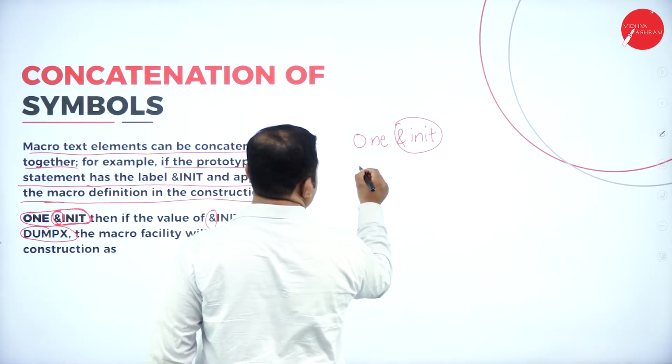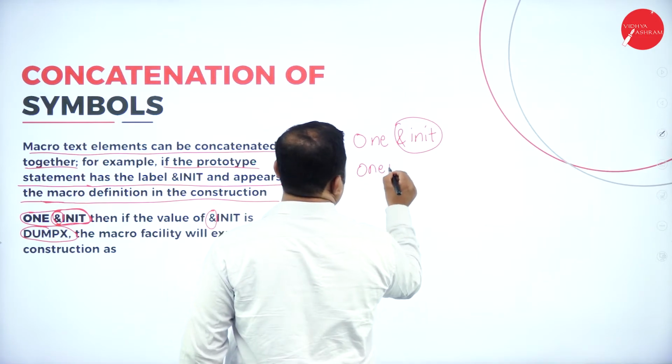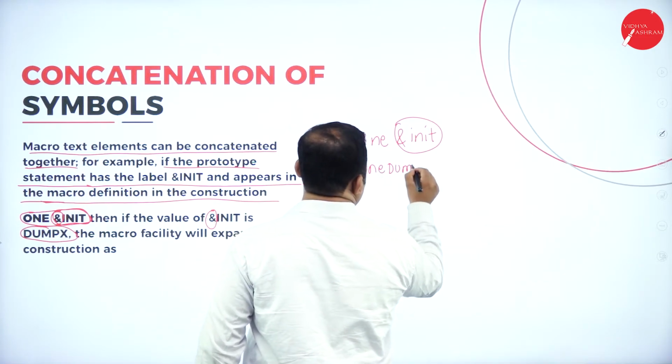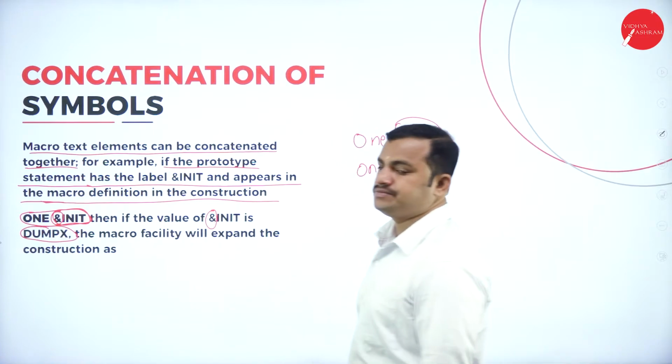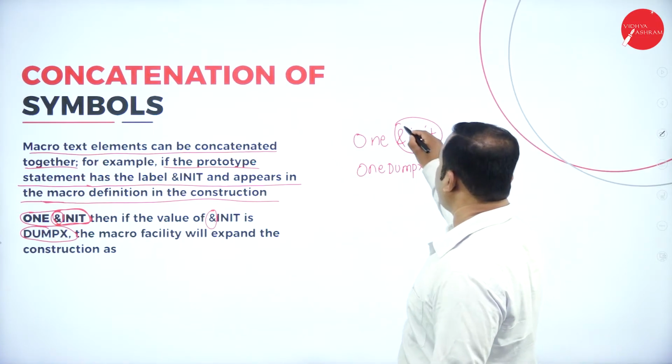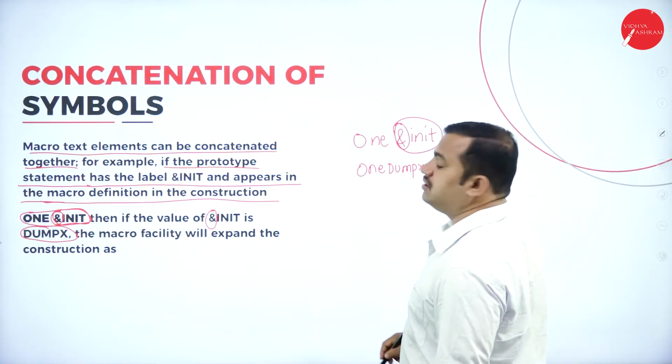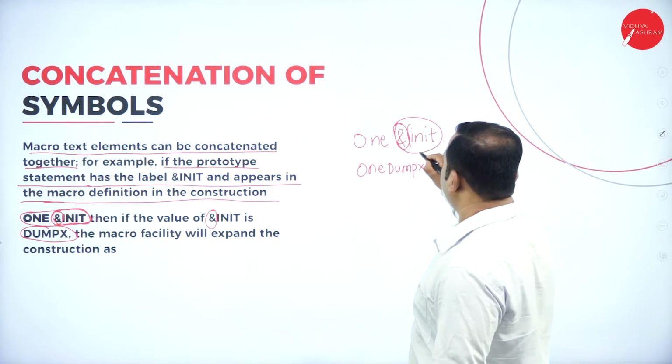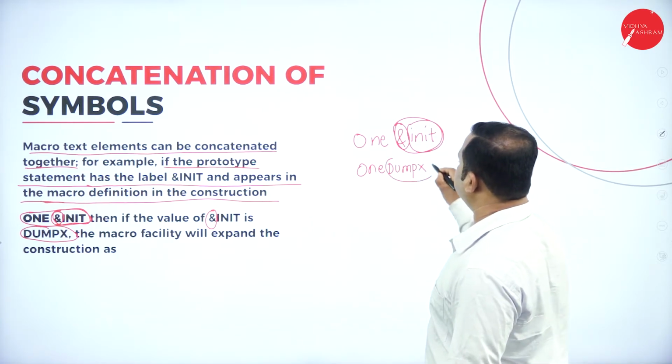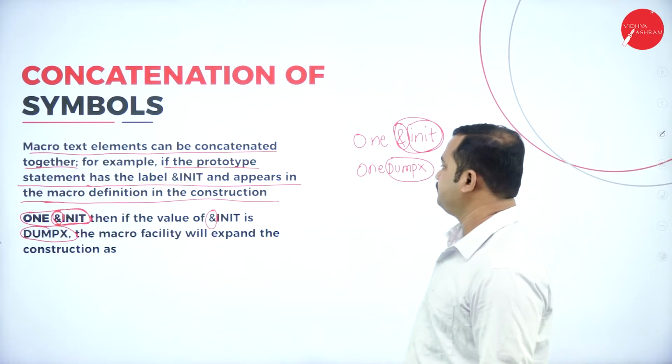If that is the case, I have 1 dump x. So this ampersand is the symbol that is setting the init to dump x, set variable.